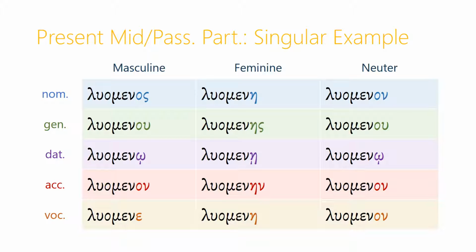So we're going to have luomenos, luomenou, luomenoi, luomenon, and luomene in the masculine, for example. And in the feminine, because the voice indicator now doesn't end with a sigma, instead of an alpha ending in the nominative, it's just a regular eta ending. But we have regular first declension endings, luomene, luomenes, luomene, luomenen, and luomene. And the neuter singular is similarly quite regular.